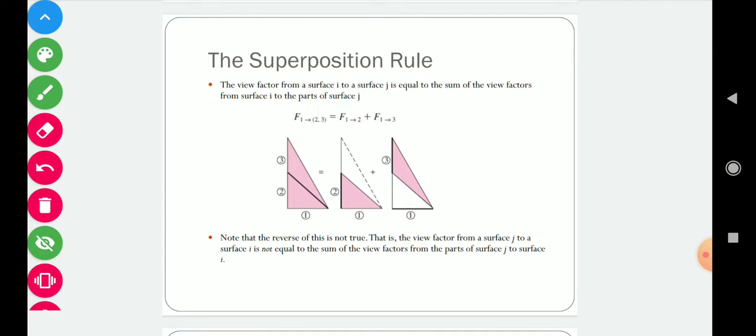It means the energy emitted by surface 1 which is striking surfaces 2 and 3 will be equal to the sum of the view factors of the individual surfaces 2 and 3, that is F12 plus F13. Note that the reverse of this is not true. That is, the view factor from a surface j to a surface i is not equal to the sum of view factors from the parts of surface j to surface i.